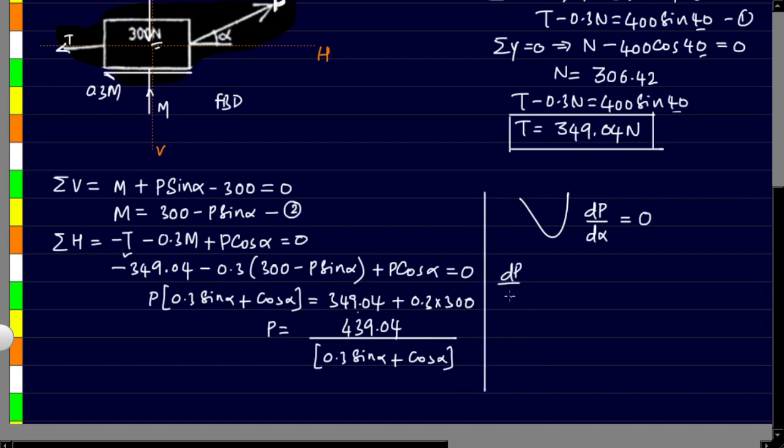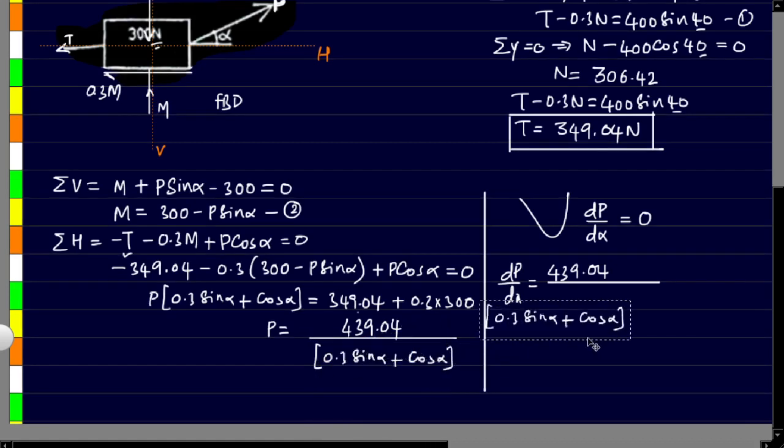So dp by dx, we will have to differentiate. This value 439.04 being constant will not be affected. This whole value below, we will have to use it as 1 by x, and we all know the differentiation of 1 by x is minus 1 by x square.